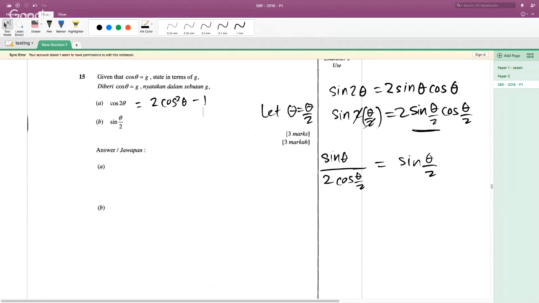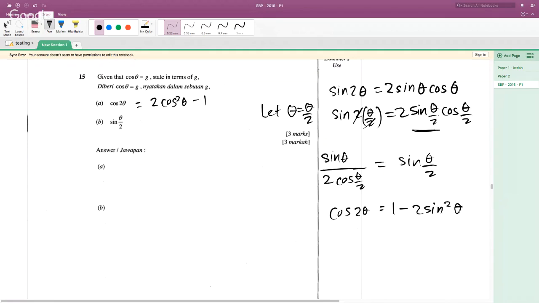But the question is actually about sine. So basically we're trying to use the cos 2 theta thing. Let me see, another formula for cos 2 theta is 1 minus 2 sine square theta.